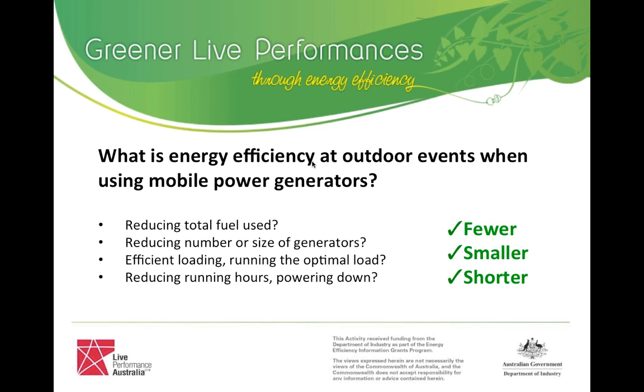We can reduce the number or the size of the generators. We could look at more efficient loading, of course, and even running generators for shorter hours and powering them down completely. I think for me it means fewer, smaller, and shorter running generators, but I really want to hear what it means for you.